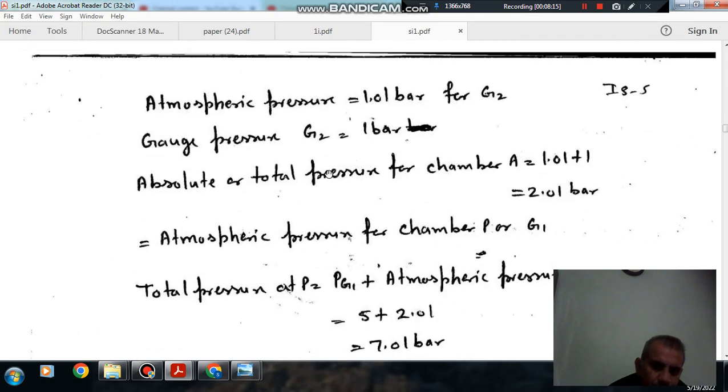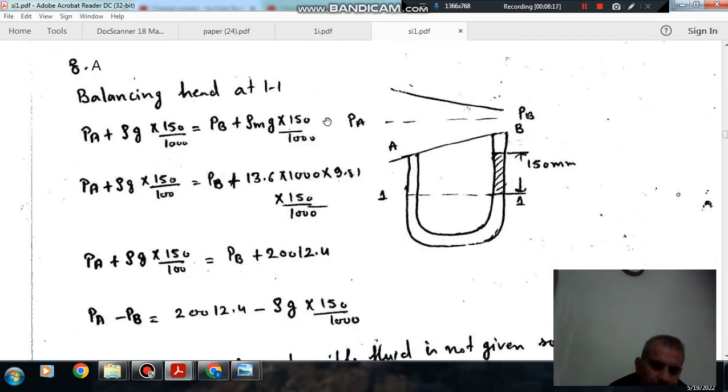Here, by equating the head at the level 1-1, we can find the pressure difference between PA and PB. From the left limb, the total pressure is PA plus the pressure due to this head, that is 150 by 1000 into rho g.